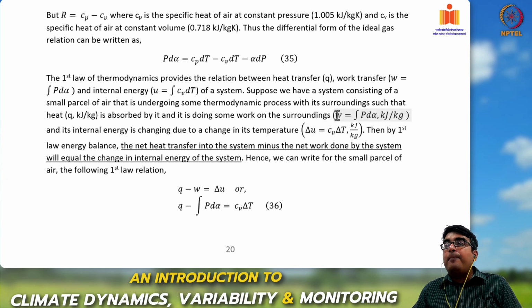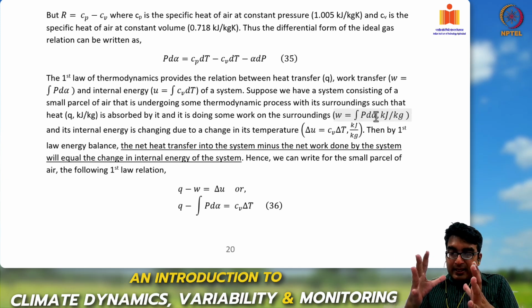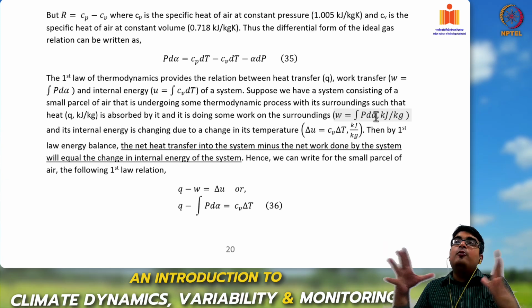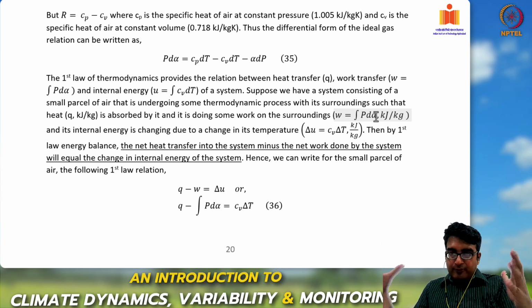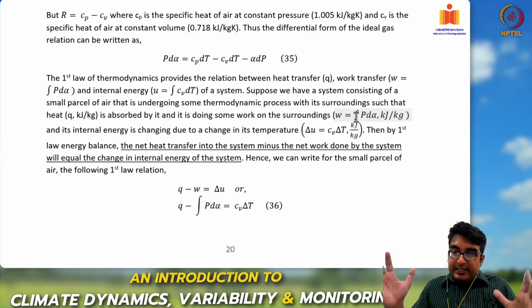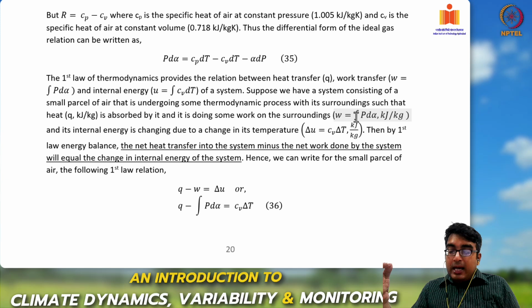So this is work per unit mass. So this is integral P into the change in specific volume per unit mass. Basically, if you heat up a gas, its specific volume will increase at a given pressure. So that integral of P into differential change in specific volume, over an entire process, is the work done by that parcel of air during this process.